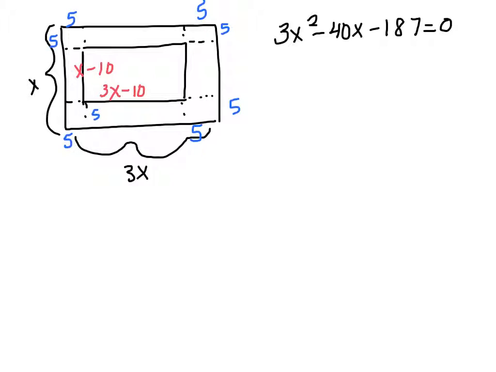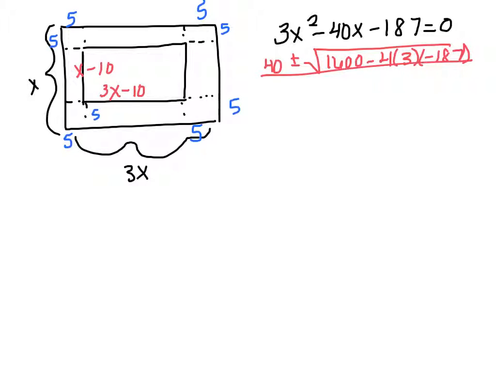Now, I can try to see if I can factor this, but finding multiples of 187 times 3 is going to be rather difficult. So I'm going to go ahead and use the quadratic formula. The opposite of b plus or minus the square root of b squared. So 40 squared is 1,600 minus 4 times a times c, all over 2 times a, which is 6.